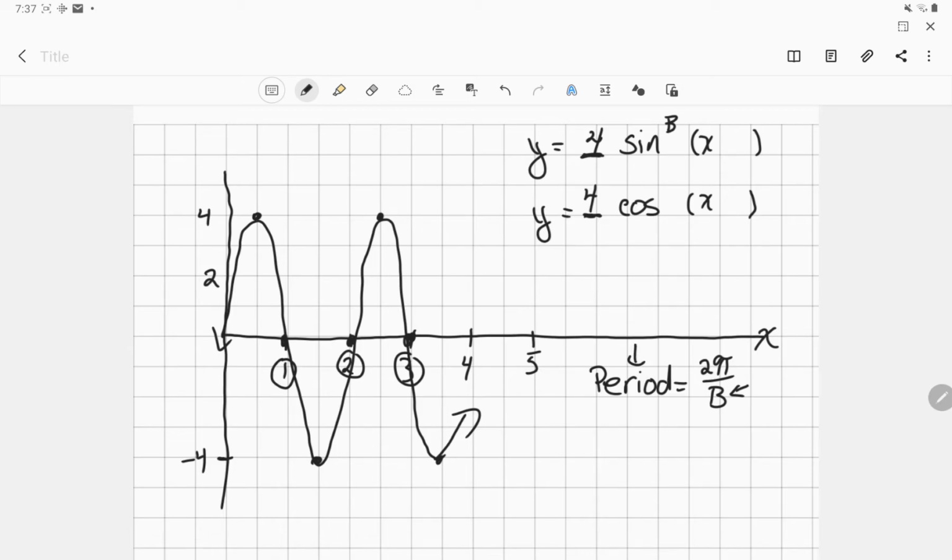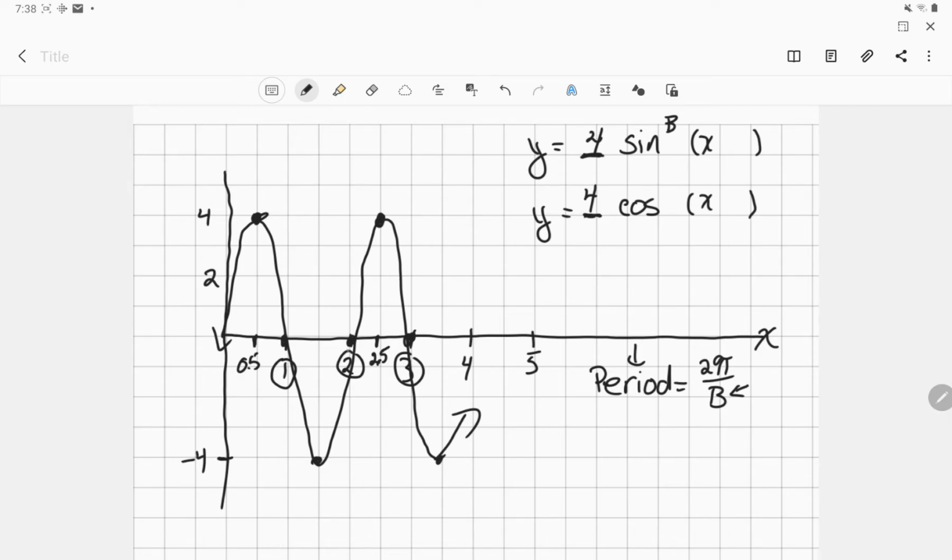To figure that out, there's lots of ways to do it, but personally, I like to look from crest to crest because that would be one wave. And so if I look, the first crest appears to happen at 0.5. The other crest appears to happen at 2.5.